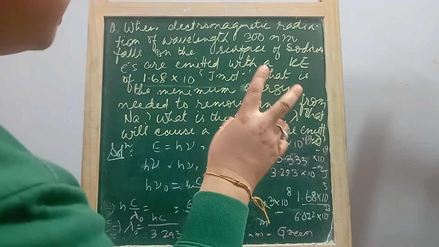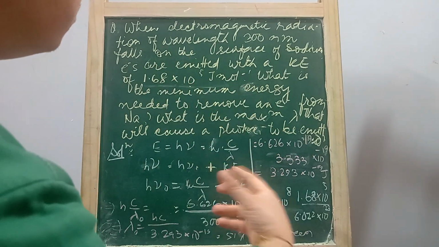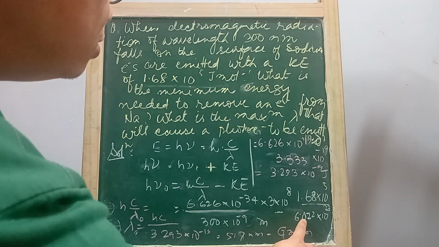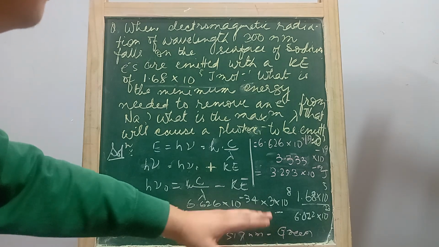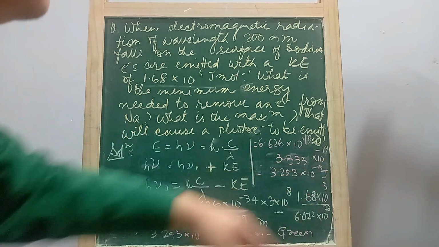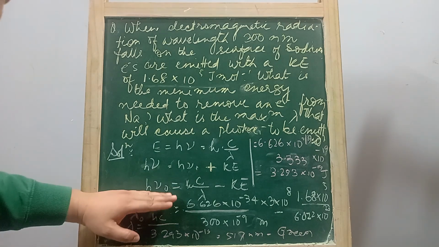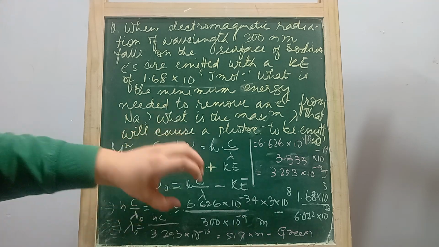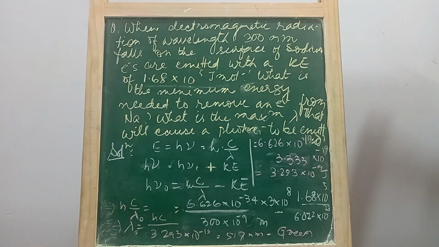So the kinetic energy of one electron will be this value divided by 6.022 into 10 to the power 23. So this is the equation we have. If we solve this equation, the answer is 3.293 into 10 to the power minus 19 joules. That would be the minimum energy required to remove an electron from the sodium metal.